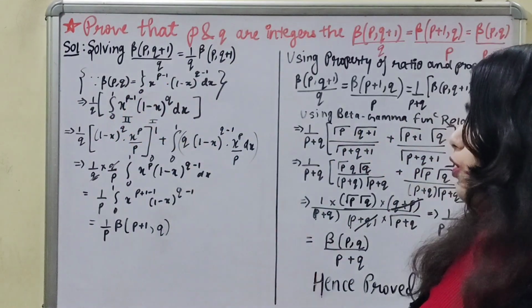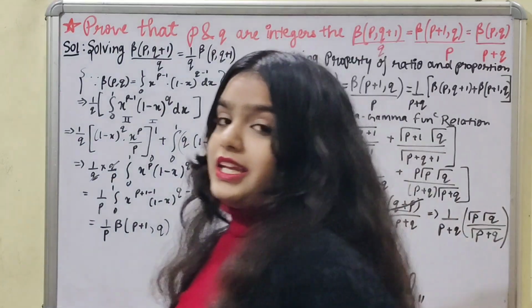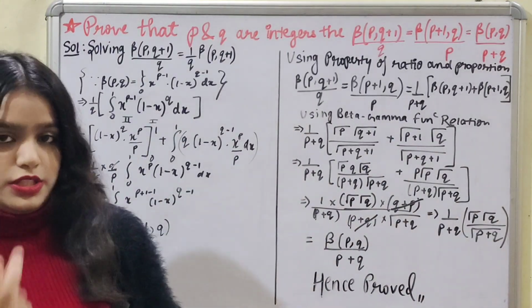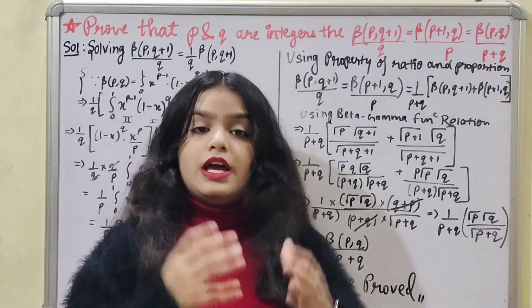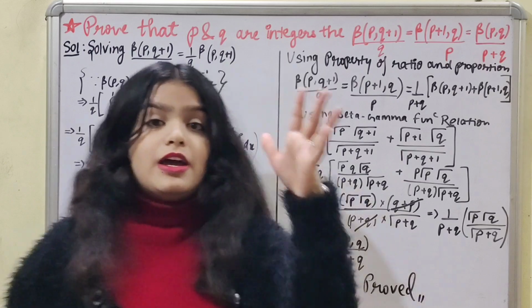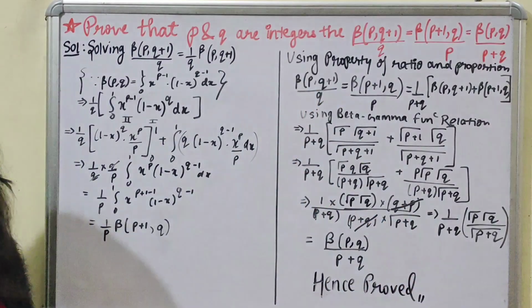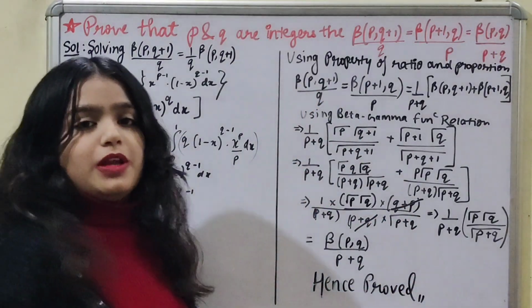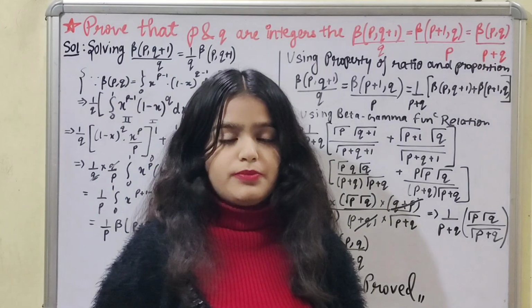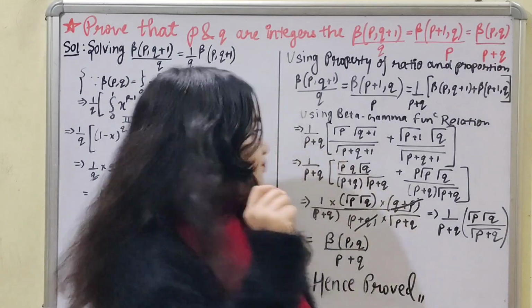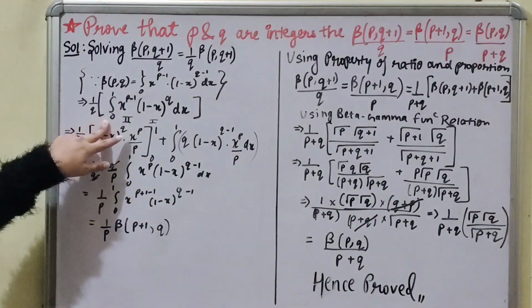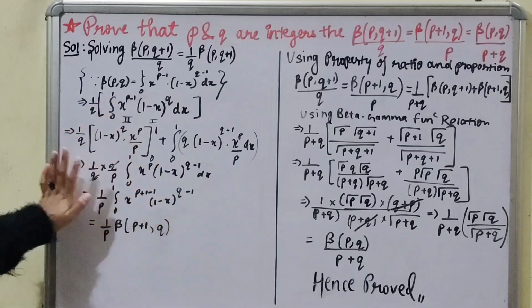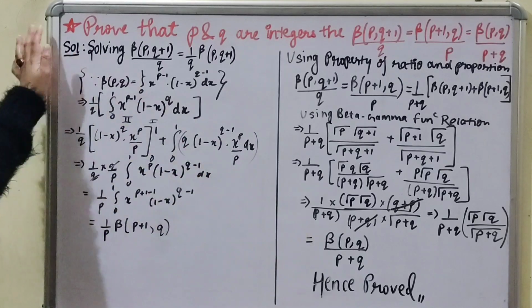Now we know that in integration, if two functions are in multiplication, then we have to solve it by parts, integration by parts, within the limits 0 to 1.